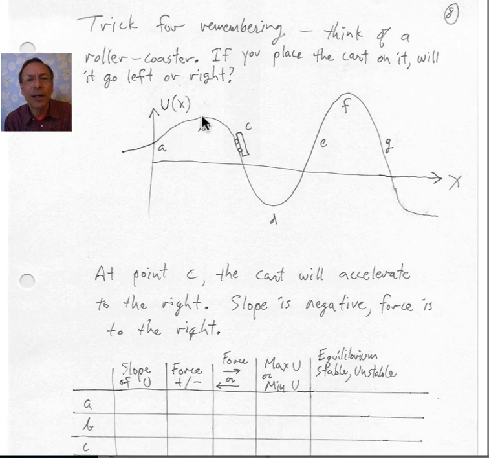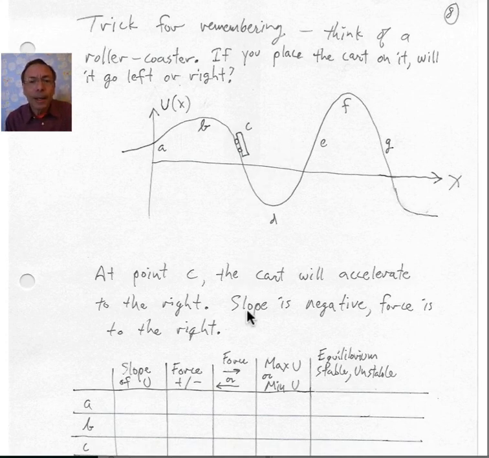So when you're up high, there's more potential energy. When you're down low, there's less potential energy. Let's say this was a roller coaster. Well, which way would the roller coaster car tend to go right here? Oh, it would tend to go to the right. And oh, that matches up with the fact that the slope is downward.